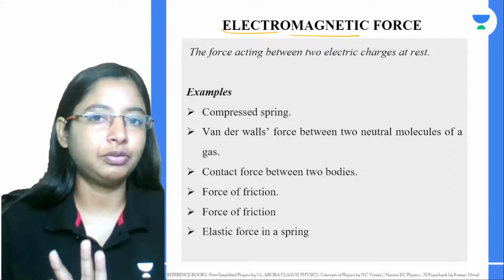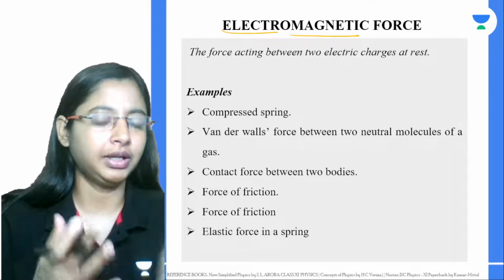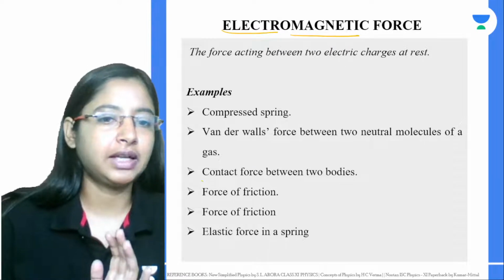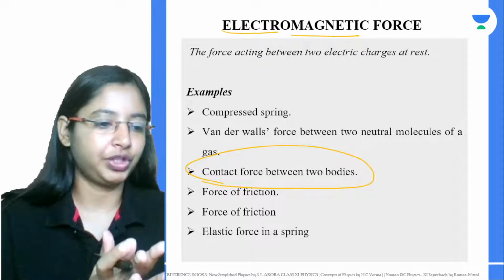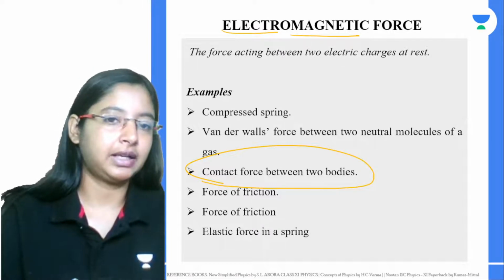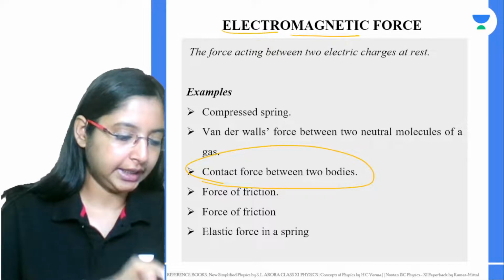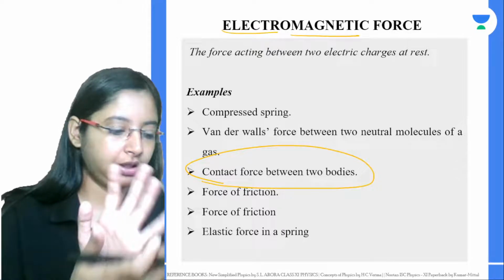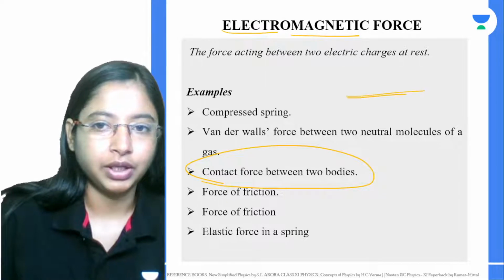These electromagnetic forces are stronger than your gravitational force, simply because these are contact forces. Whenever there is contact between two objects, say you're lifting a book and the book is in contact with your hands, if you look at your hands and at the book, there are atoms everywhere on the book as well as on your hands.